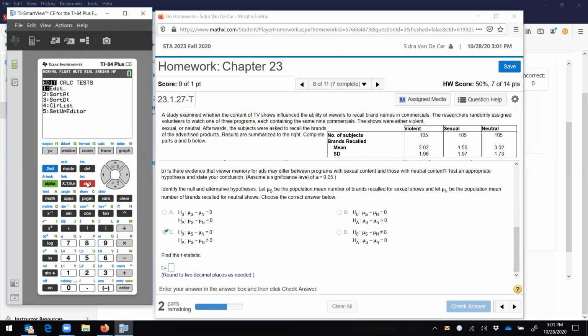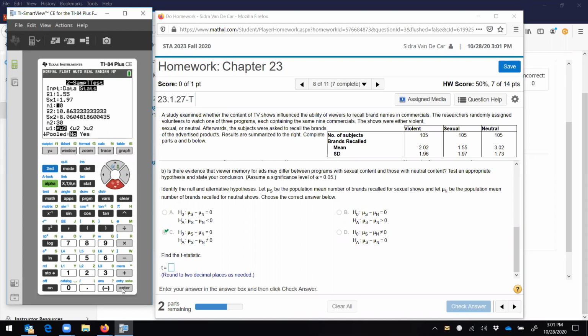Okay, so we're going to go to stat, tests, 2 sample T test, and we're going to input our statistics. So mean 1. Okay, 2.0, no, wait, we're doing sexual first. 1.55. And that standard deviation of 1.97.